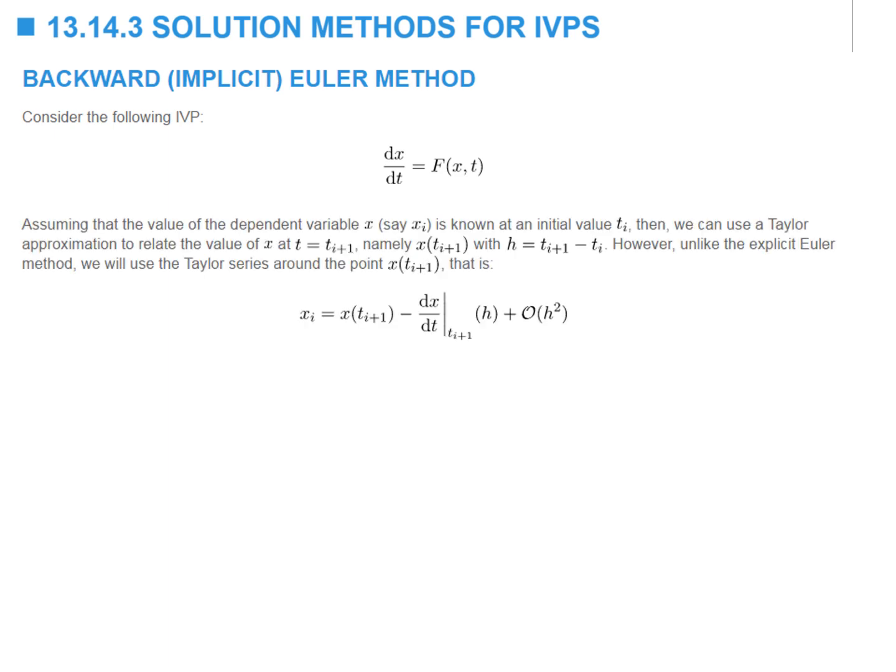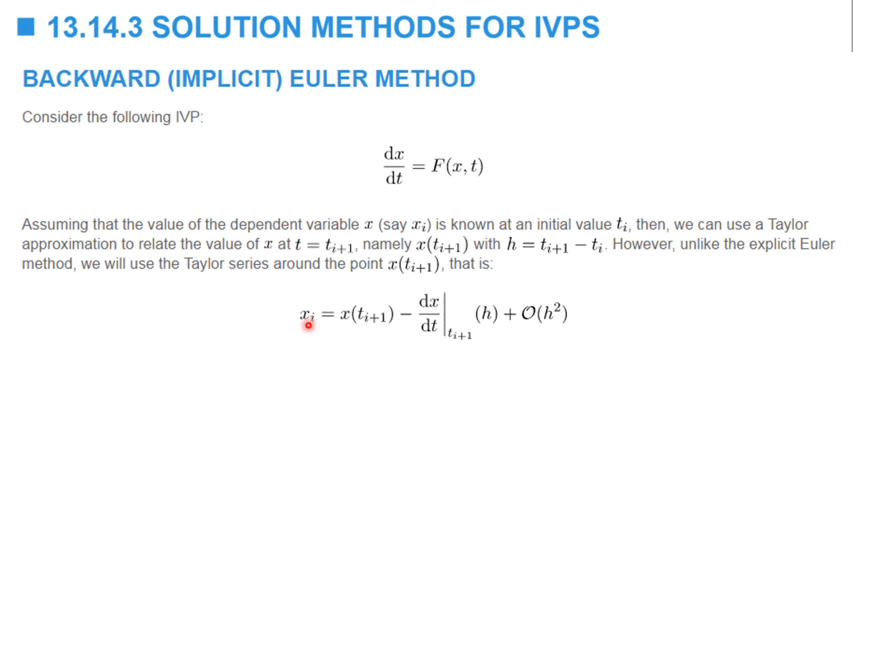We're going to use a Taylor expansion. When we developed the explicit Euler, we used the Taylor expansion around the point xi. Here we're going to use a Taylor expansion around the point x at time equal to ti plus 1.